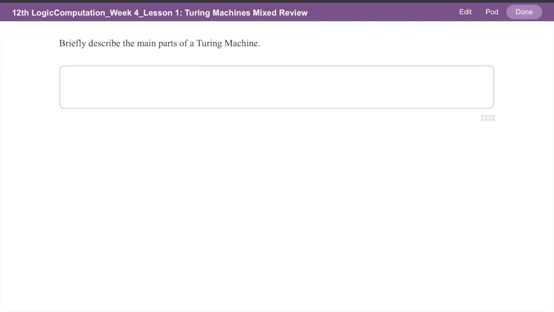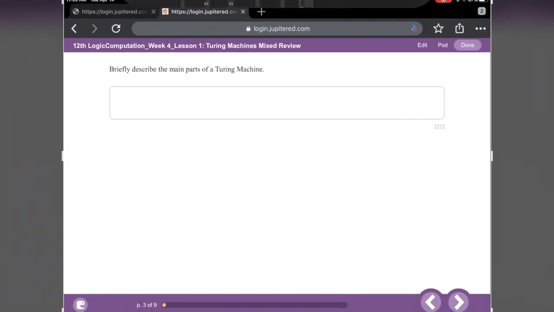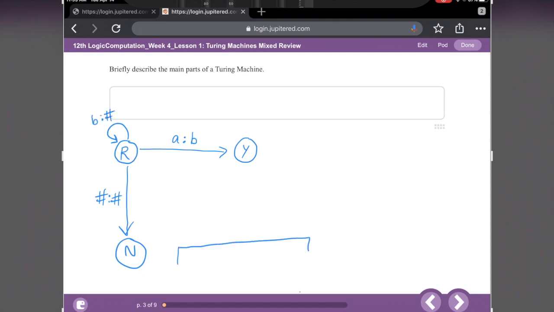Briefly describe the main parts of a Turing machine. Let me quickly draw one out for us to look at. So here's a very simple model of a Turing machine diagrammed out. Let's label all of the parts now. The first thing it has are states.